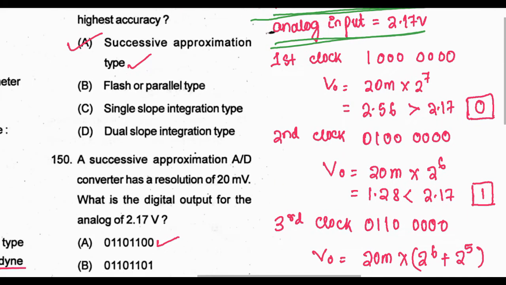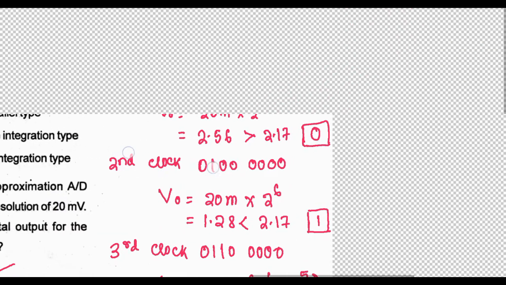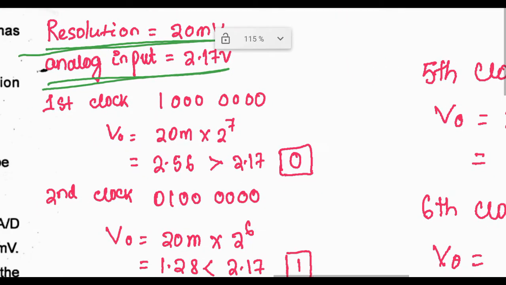It is not stated here, but in the options there are 8 bits, so we can consider it 8 bit. As it is an 8-bit device, we will consider one bit at a time. For the first bit the signal is 1, and the other bits are 0.